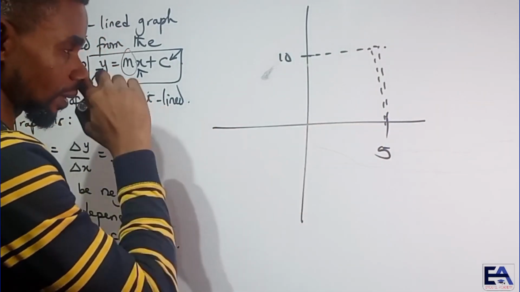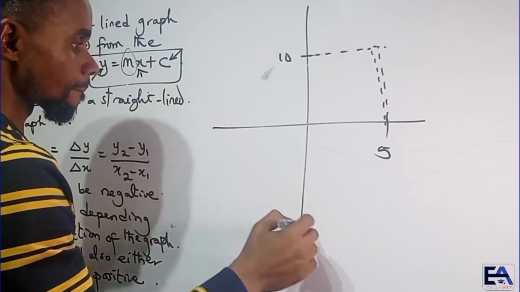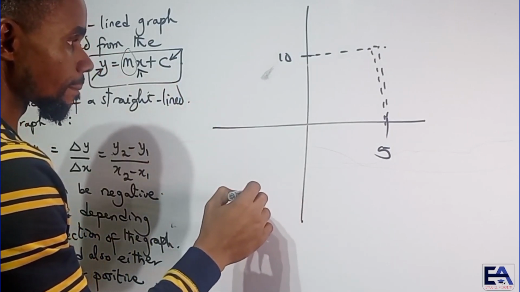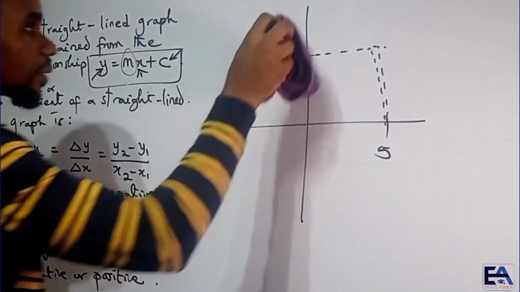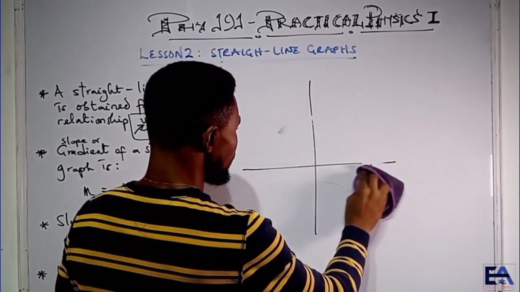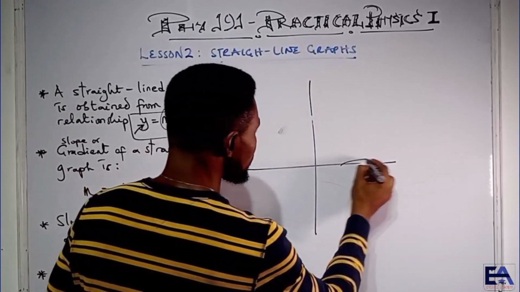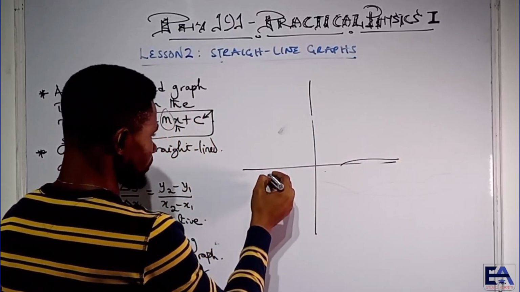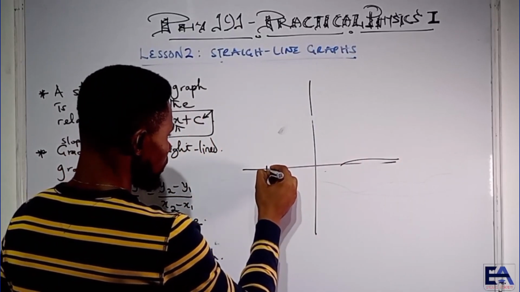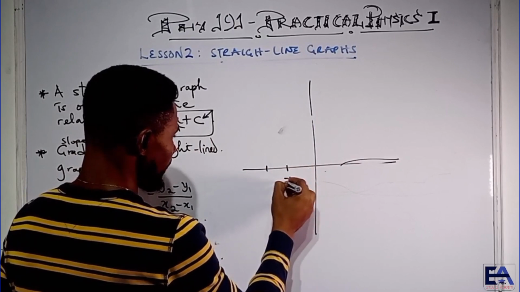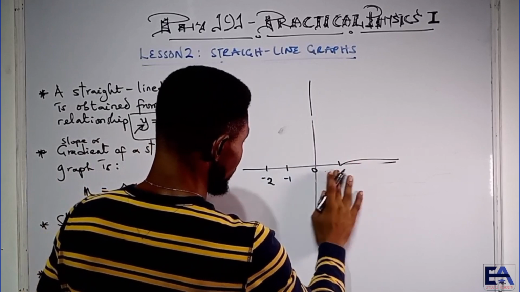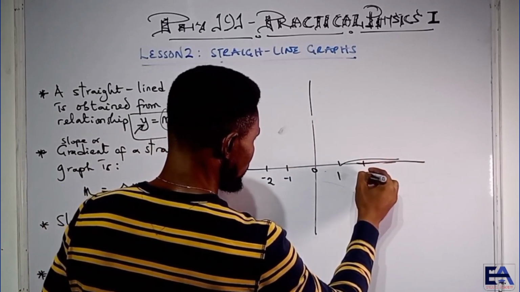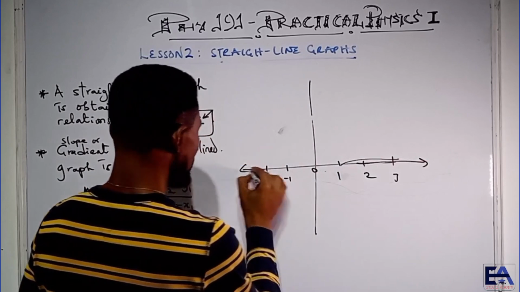And then let's say, okay, I beg your pardon. All right, so let's say we have a situation like this. This is -1, -2, -3, this is 0, sorry, 1, then we have 2, we have 3, okay?